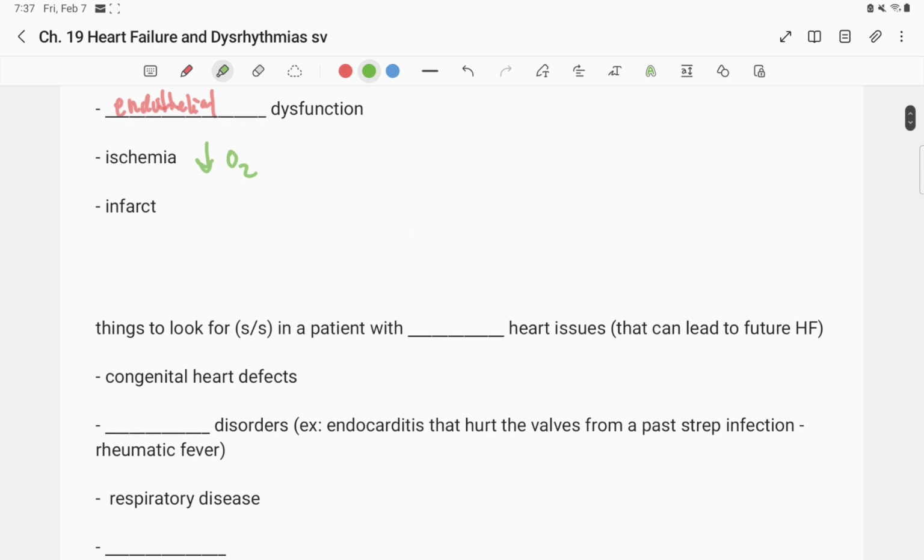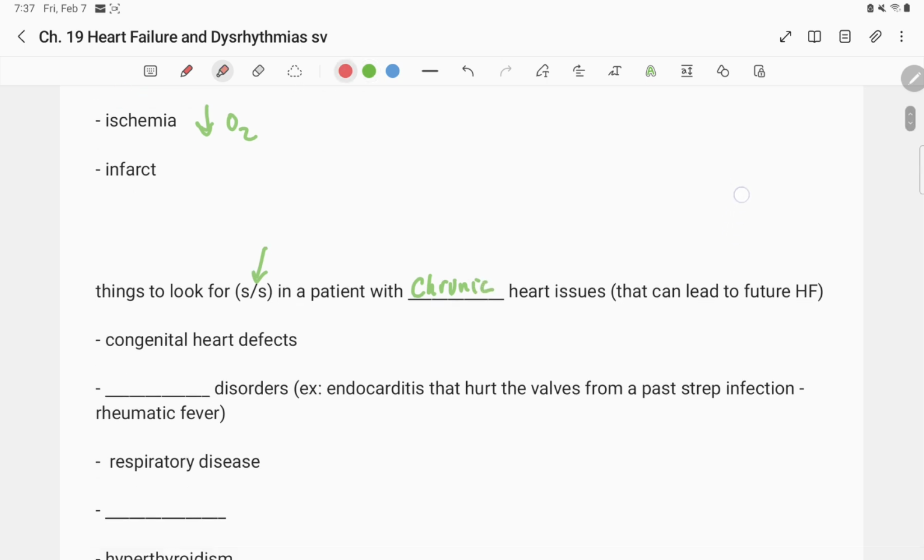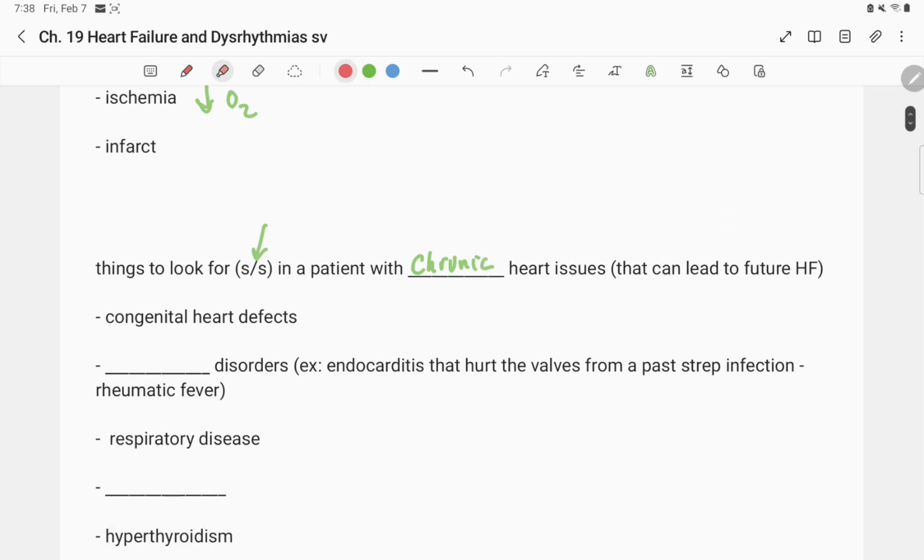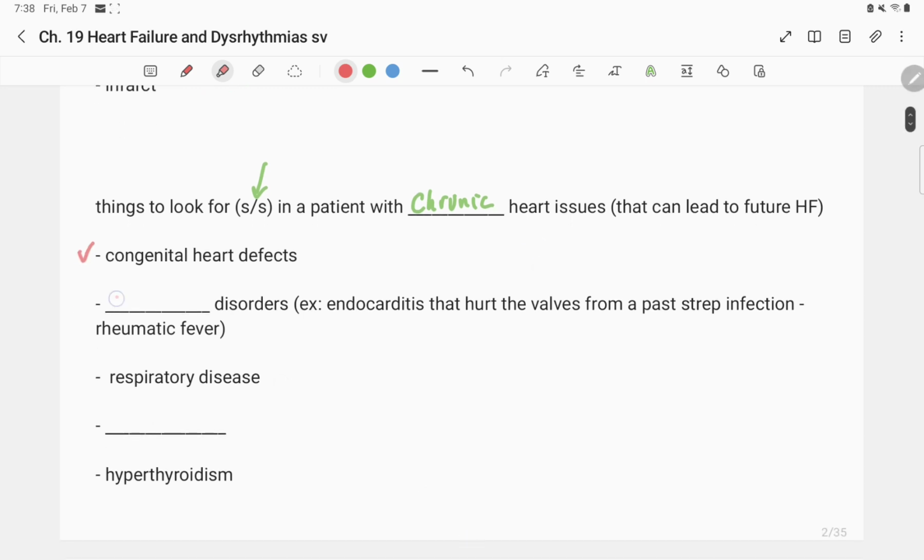Okay, things to look for or signs and symptoms in a patient with chronic heart issues. So these are things that can lead to future heart failure. Congenital heart defects. So that's stuff you're born with. Valve disorders.